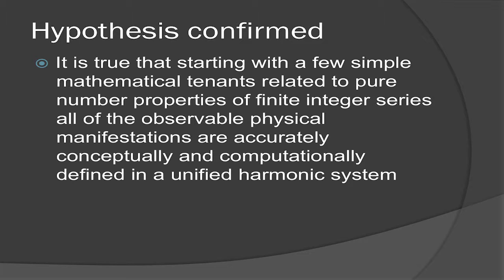It is true that starting with a few simple mathematical tenets related to the pure number properties of a finite integer series, all of the observational physical manifestations are accurately, conceptually, and computationally defined in a unified harmonic system.